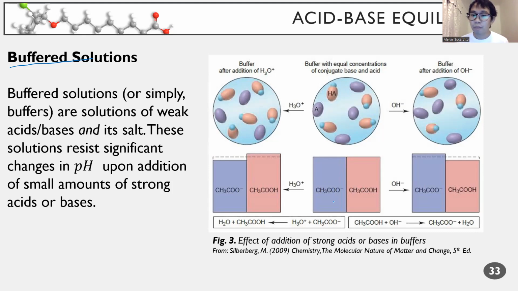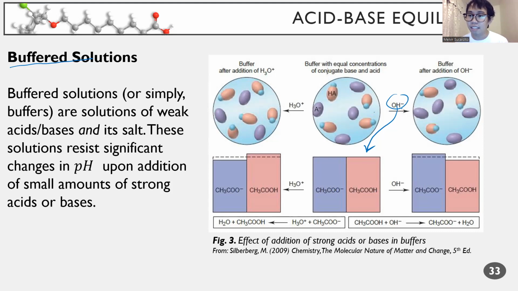Now, if you add a strong base in the form of hydroxide ion, say sodium hydroxide or potassium hydroxide, this hydroxide ion will react with the weak acid. It will abstract a proton from acetic acid, forming acetate ion, and OH minus becomes just water.